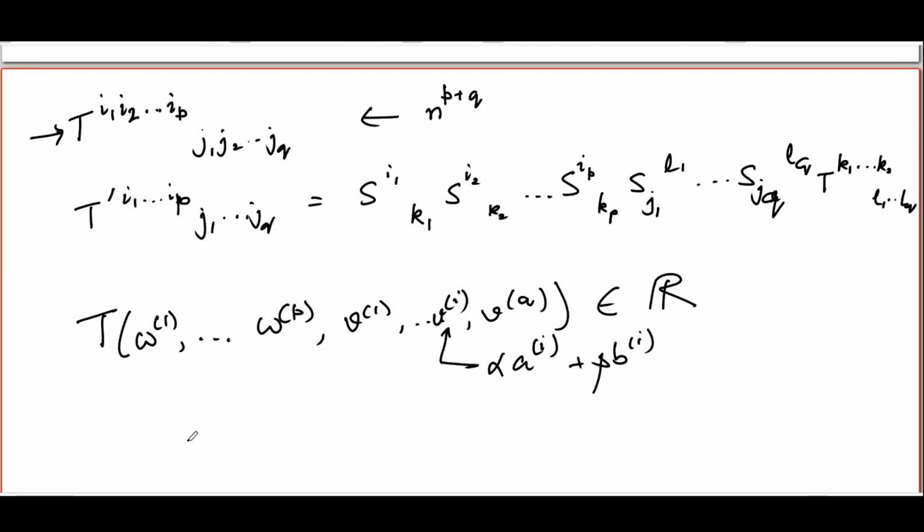All you have to do is just feed in the basis vectors for the covectors and vectors, the I1, I2, IPth basis vectors in place of omega 1, omega 2, omega p, and J1, J2, JQth basis vectors for the vector space in place of the V1, V2 up to VQ. And that will give you the components.